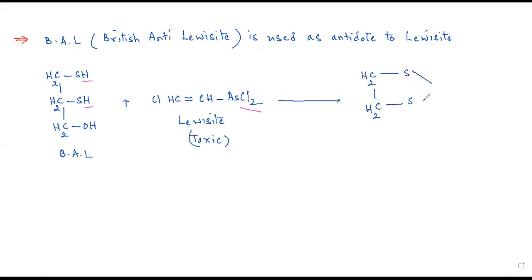These two get connected to arsenic, which has already got CH, double bond, CH, Cl. And we also have this CH2OH, right? See, this, of course, is non-toxic, minus 2HCl. That's it.